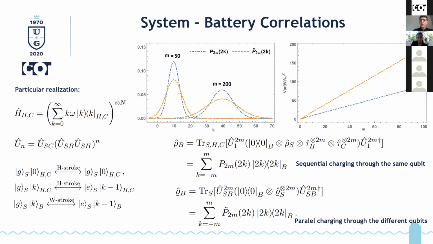We have also a numerical study of correlations between the battery and the system, and my last sentence would be that whenever you have sequential charging of the battery, then there are classical correlations developed between the battery and the system that actually make the battery more squeezed around the mean energy, to have lesser variance.